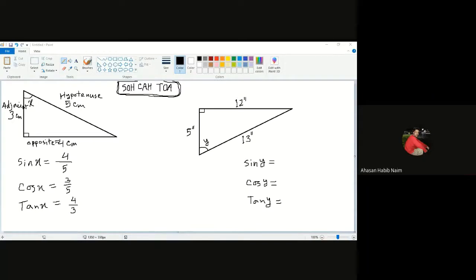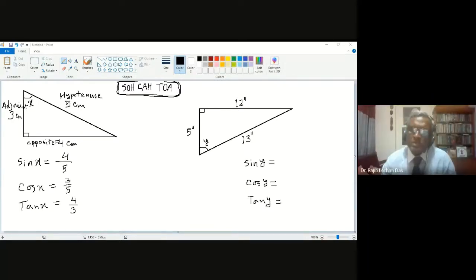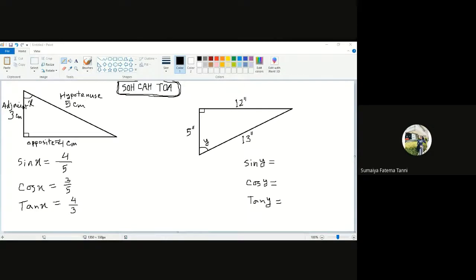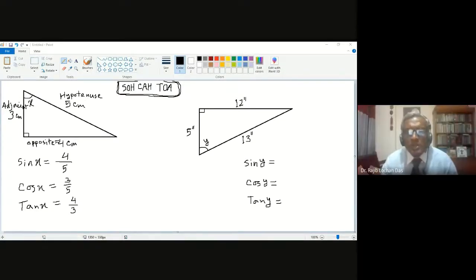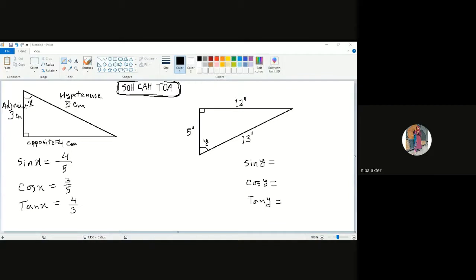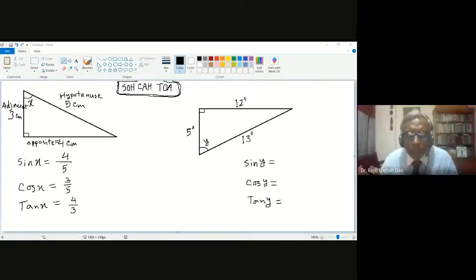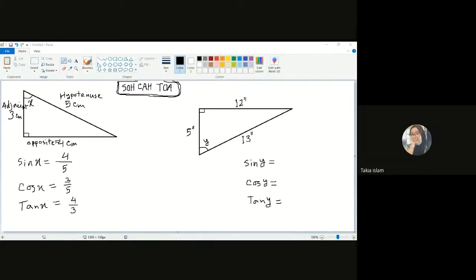If you say the same thing as Sriti, then it's all right. If you think that your answer is different, then tell me your answer. Nipa, yes. Sir, I think 12 by 13.